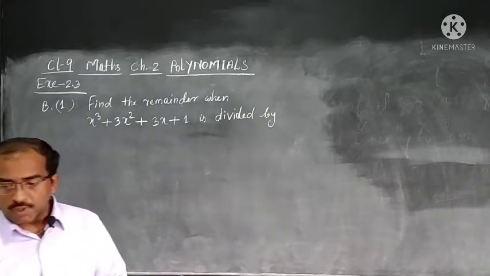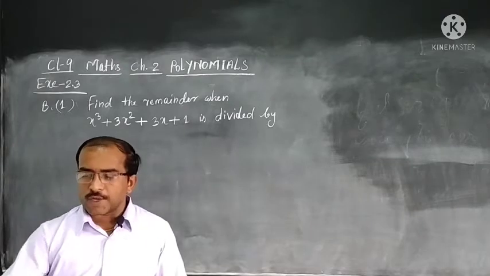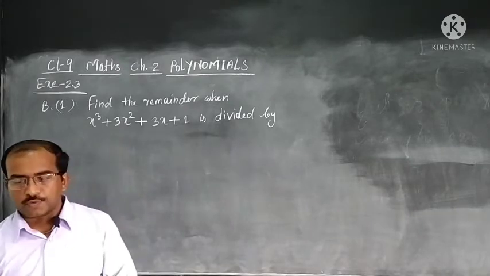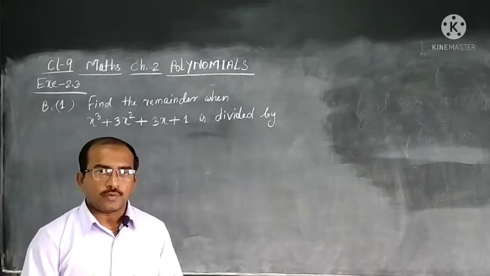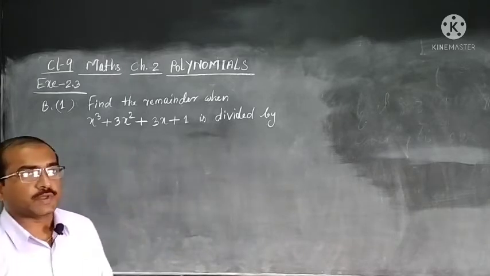We have 5 divisors, numbers 1, 2, 3, 4, 5. Let us start with the first one. The first divisor given is x plus 1.